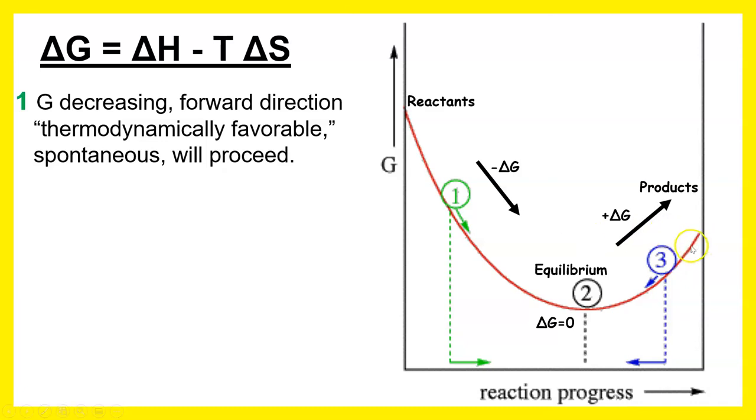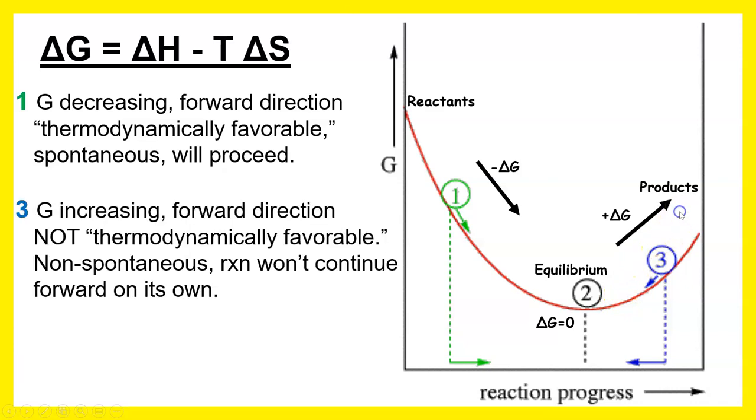If you look over here, if I were to go up this hill, that would not be thermodynamically favorable, would it? It would not be a release of energy to keep going up this curve, which means at some point it's no longer favorable to keep making products.